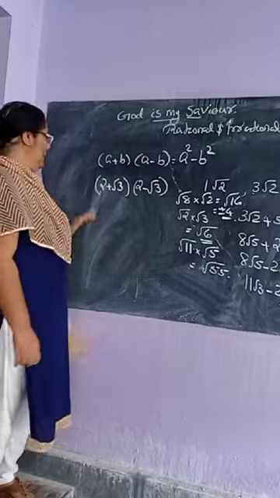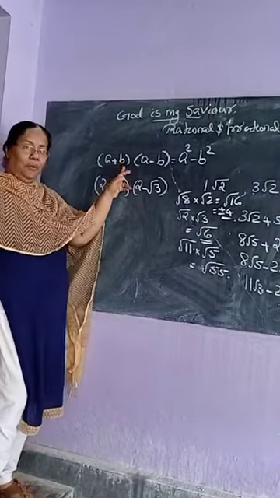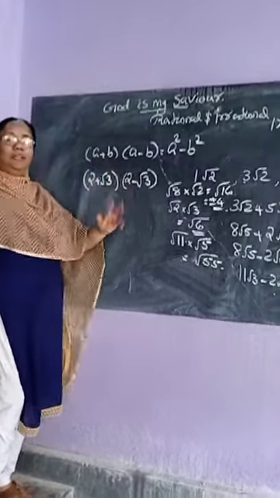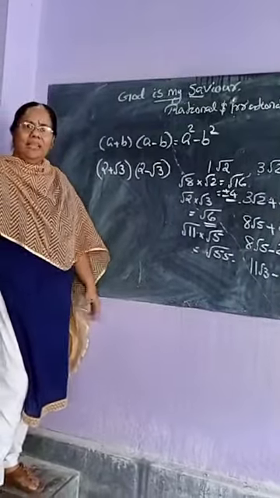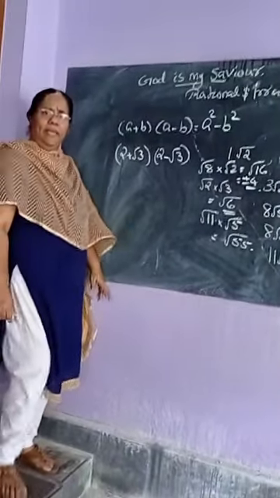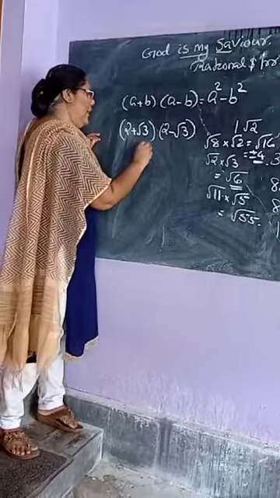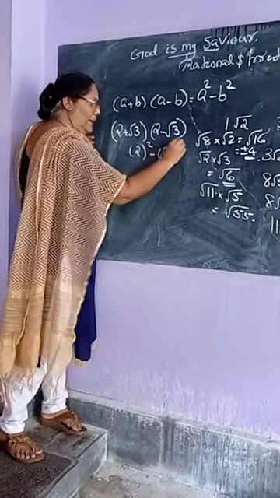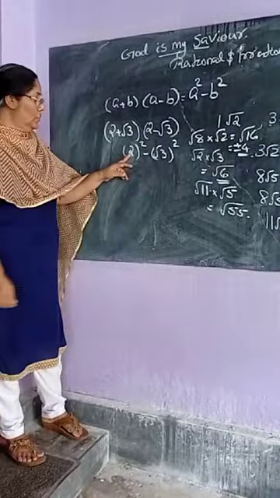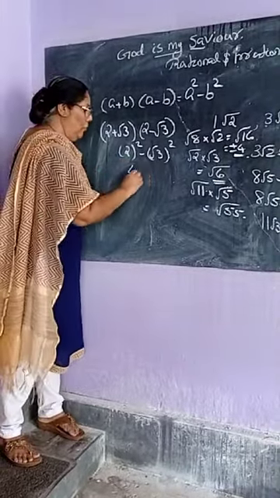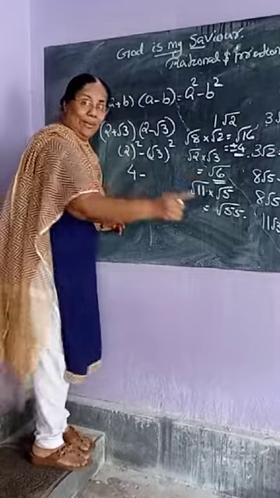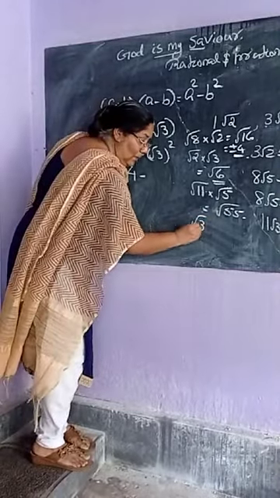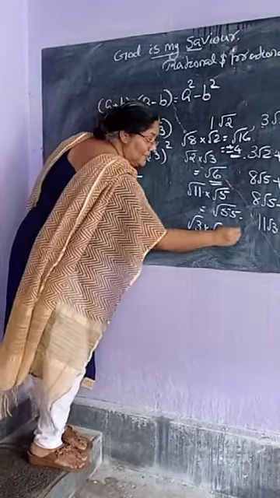Understand? Now, this is of the form (a plus b) into (a minus b). Then can you say what is the answer? It is 2 square minus root 3 square. What is 2 square? 2 into 2 is 4, minus, look here, root 3 into root 3 is 3.